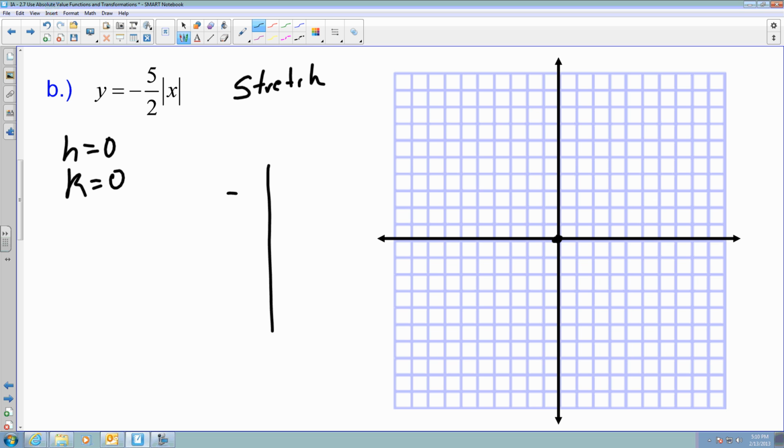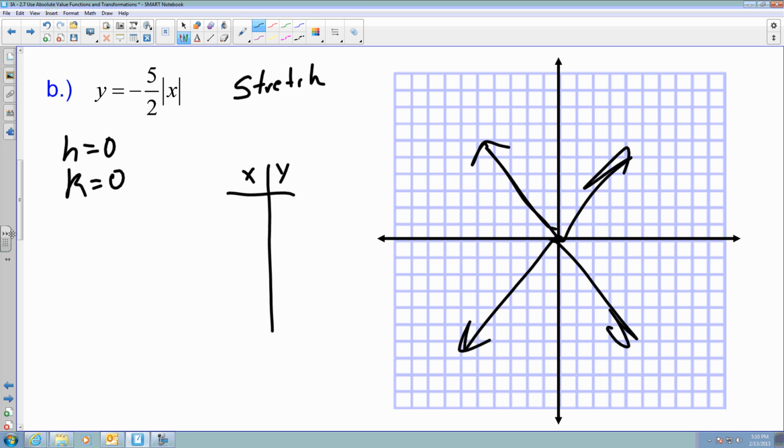The only difference is that our a is negative. So with our a being negative, I already know that it's going to be reflected over the x-axis, and it's going to be pointing downward. I'm going to erase this, but it's going to be pointing this way instead of pointing that way like it was in graphs prior. So let me just erase this.